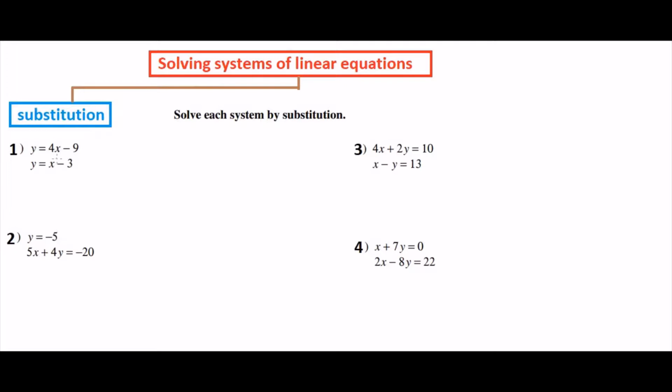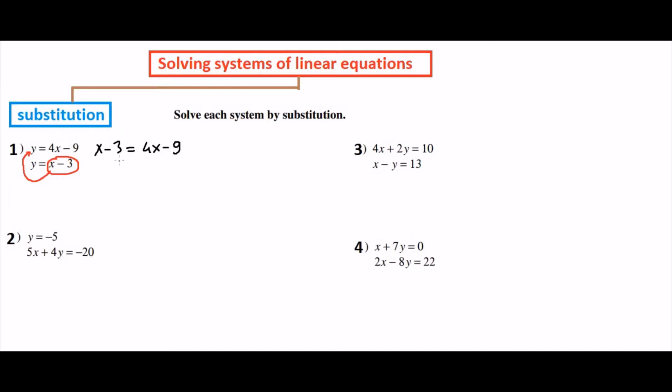Let's pick the second equation. We were given that y equals x minus 3, so I can plug this value into y in the first equation. Instead of y, I'm going to write x minus 3 equals 4x minus 9.